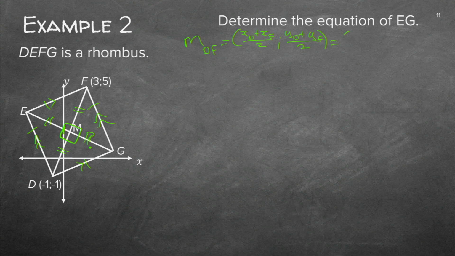And if I fill it in here, x of d is minus 1 plus 3 over 2. Y of d is minus 1 plus 5 over 2. And that gives me the point, the midpoint of DF is 2 over 2 is 1. 5 minus 1 is 4 over 2, which is just 2.